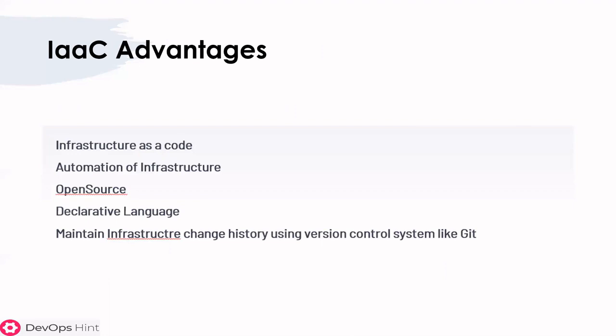Infrastructure as code enables the dev and operations teams to automatically install, configure and manage the infra. These are a few advantages of infrastructure as code. Terraform is infrastructure as code. As I have already explained, you can spin up the whole infrastructure using Terraform. Terraform is a HashiCorp language, and it's open source.